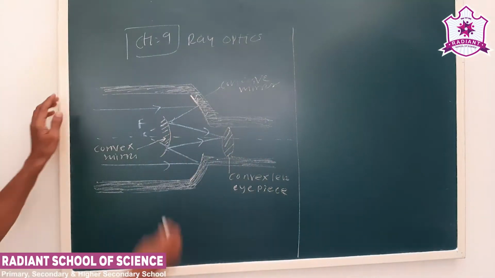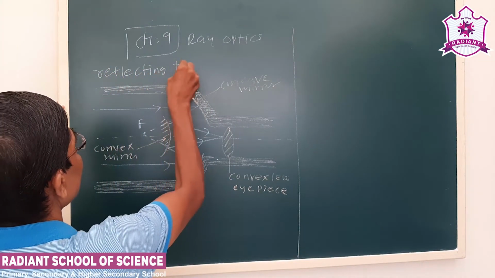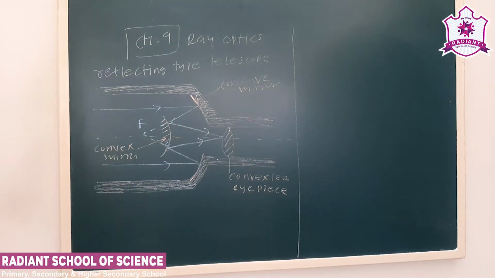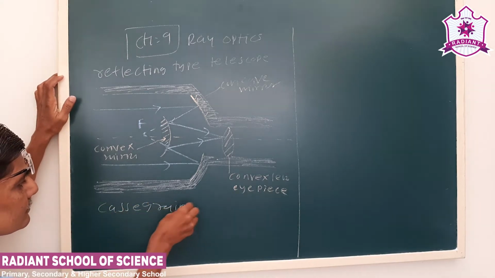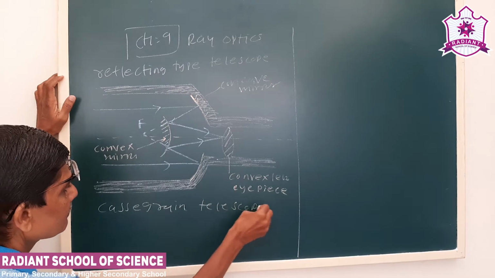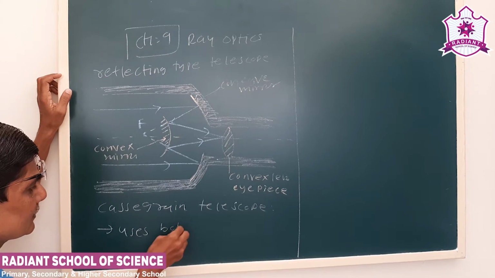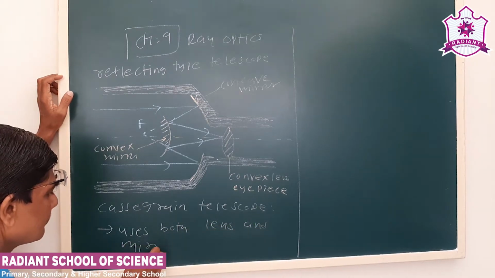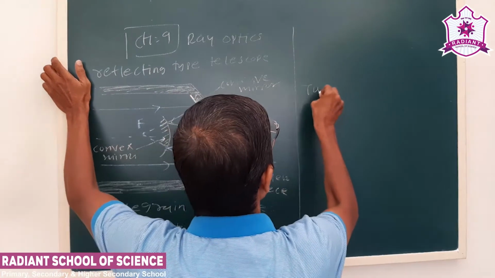Now today we are to talk about reflecting type telescope. In that we have to study about Cassegrain telescope, which uses both lens and mirror. Here in a reflecting type of telescope, that is Cassegrain telescope, there are two mirrors.